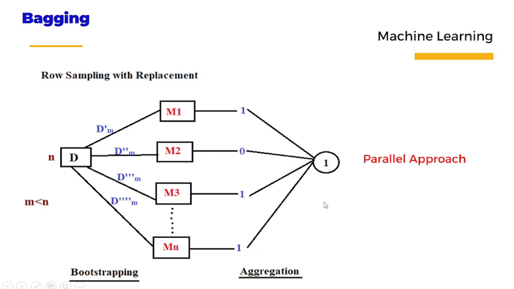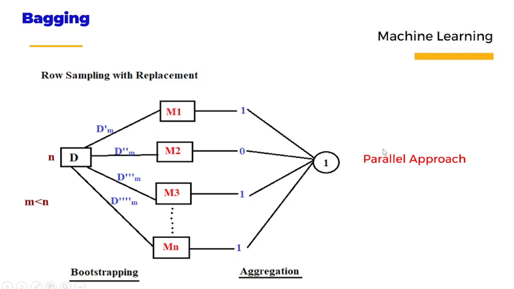Based on the majority voting classifier, we consider the majority vote given by the models. The output is 1, because the majority vote is 1.